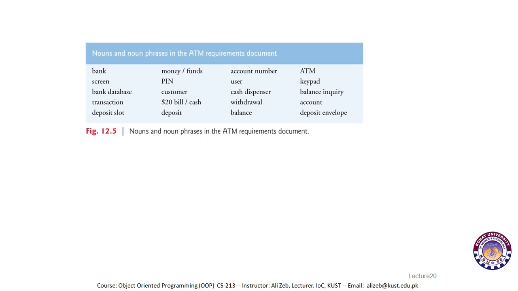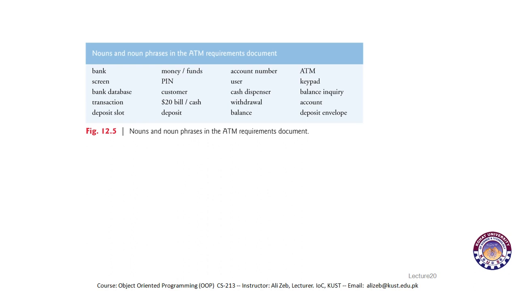As we can see, there is a list of nouns picked from the initial requirements document, the things that we studied in our earlier slide. For example, we saw that there was the name of a bank, that is a noun. The screen was a noun. The bank database is a noun. Transaction is a noun phrase. A deposit slot is a noun.